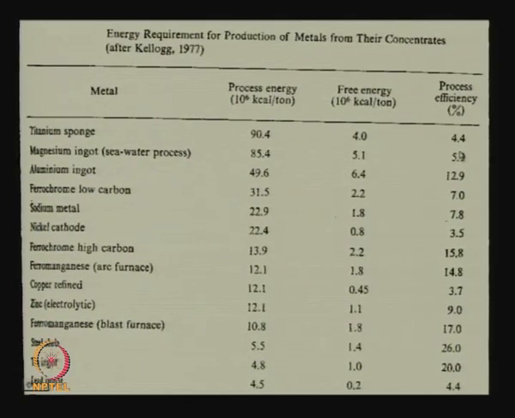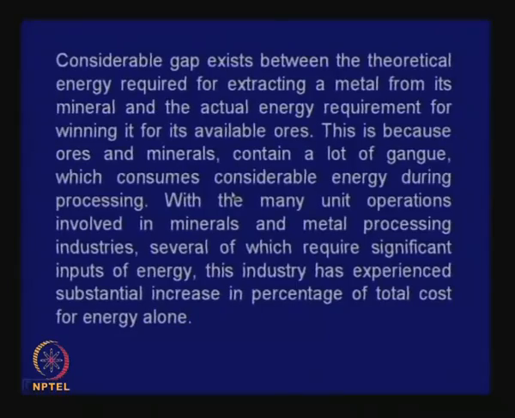The process efficiencies as defined in terms of these two are very low in case of titanium sponge, magnesium, aluminum, ferroalloys like this, nickel cathode. It is slightly higher in the case of steel and tin.